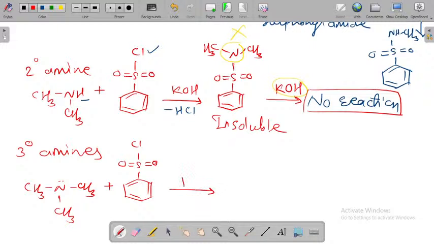In presence of KOH, what happens directly? It is going to form a compound which dissolves in acid. How? See here.